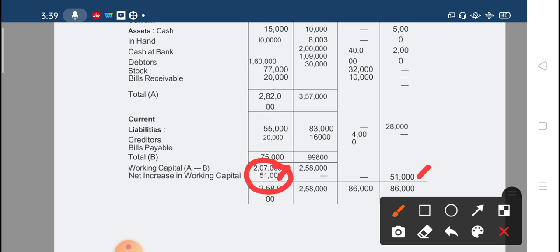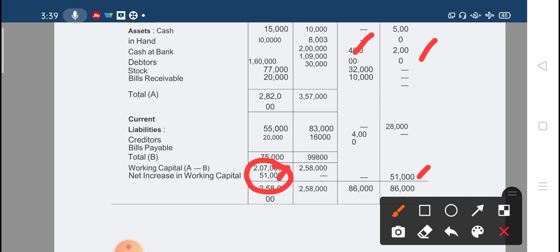Okay, I hope you understood the problem, how to prepare a schedule of changes in working capital from the given balance sheet. To prepare it, you should know the current assets and current liabilities, and how to treat the increase and decrease amounts.